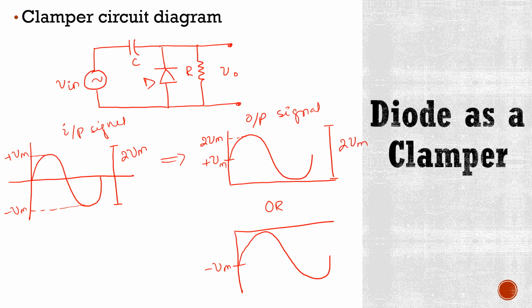Now look at this signal. Here this point is minus 2 Vm. It means the peak to peak amplitude of this signal is also 2 Vm. It means in a clamping circuit, the swing of the output waveform is the same as the swing of the input signal.